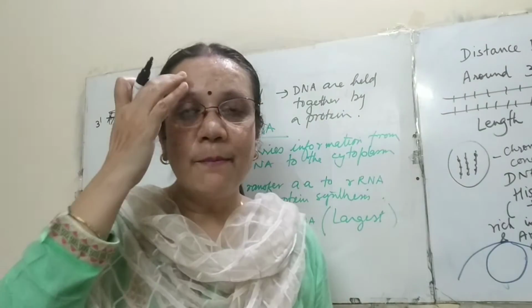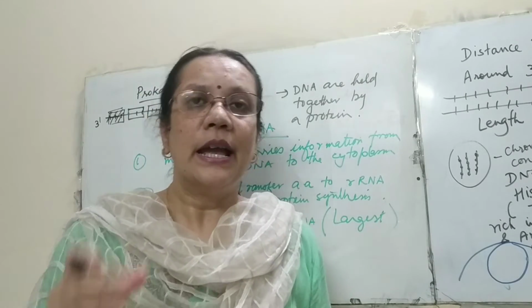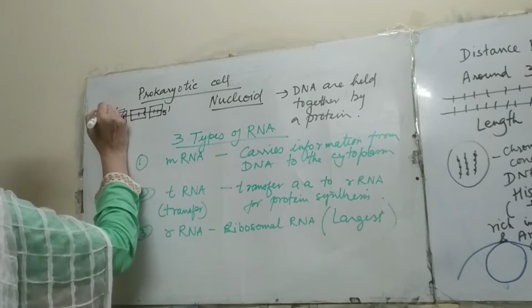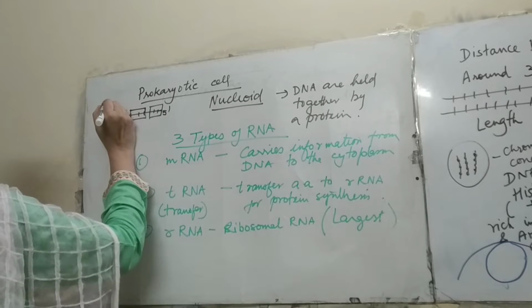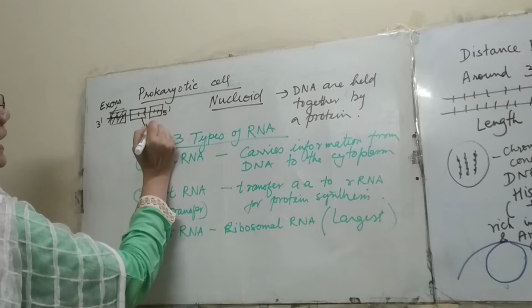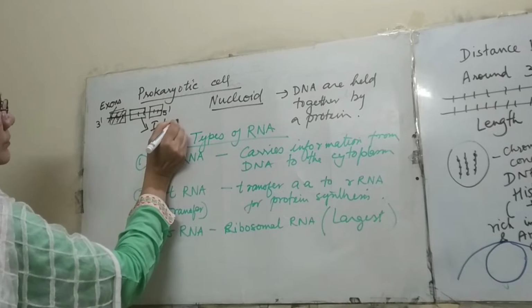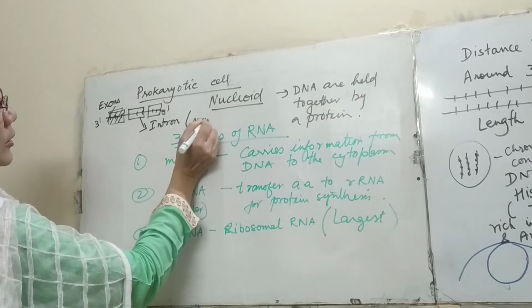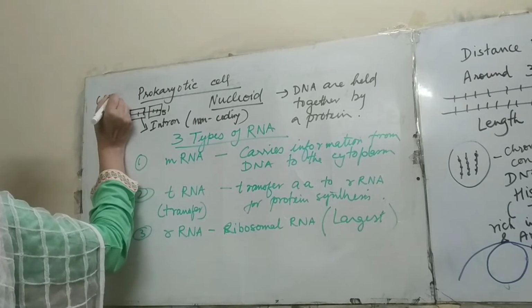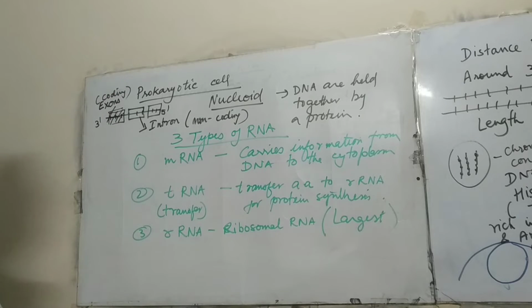So the non-coding parts are actually not required. They have to be eliminated. So what I mean, the coding part is known as the exons and the non-coding part is known as the introns. Non-coding. This is the coding part. Clear?